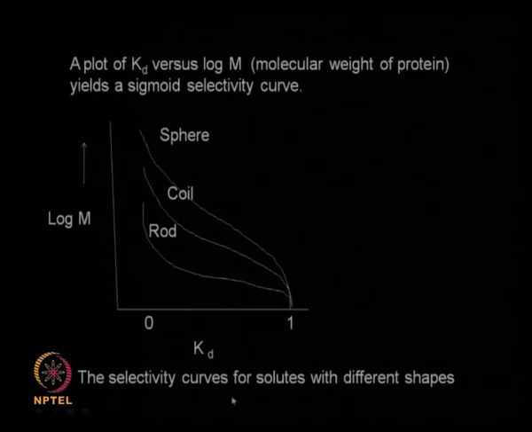So generally if the proteins are spherical in shape, you are going to have a linear range in which you can operate, where the logarithm of molecular weight and Kd could be linearly varying in this range. And if it is a spherical coil and then rod, the relationship or the type of graph changes quite dramatically.